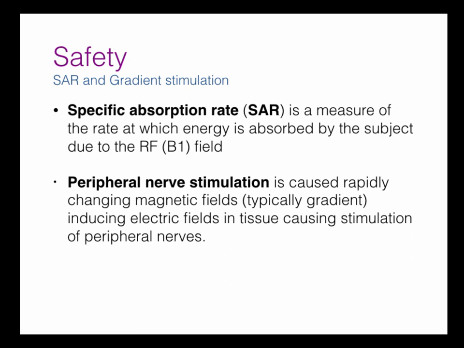A lot of the time you don't notice it at all. Sometimes you can feel a tickling sensation. Sometimes it's painful. So you need to watch your subjects, particularly for sequences that switch the gradients very rapidly, such as echoplanar imaging.